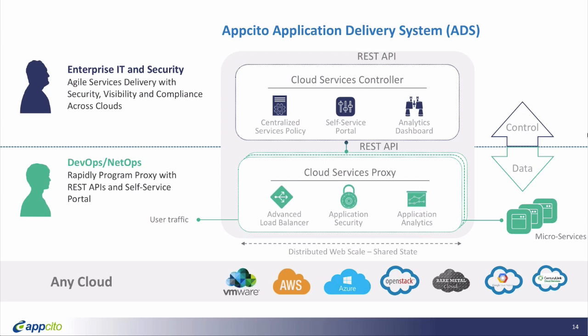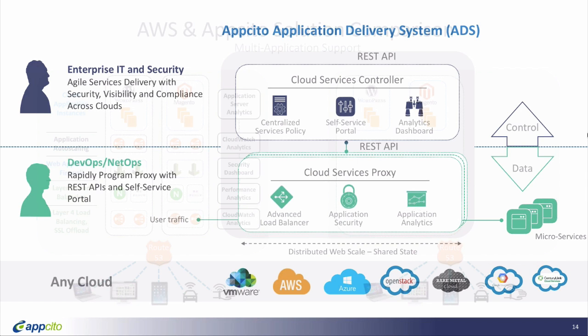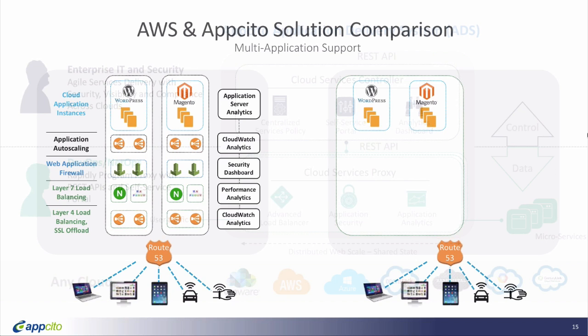And this web scale approach allows them to then take advantage, not only within Amazon, but they may have lines of businesses that have applications residing in other clouds. And so this application delivery system can reside in VMware, Azure, OpenStack, just to name a few, and then you can have a centralized view with the cloud services controller.